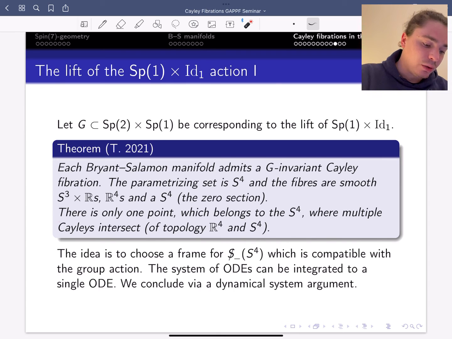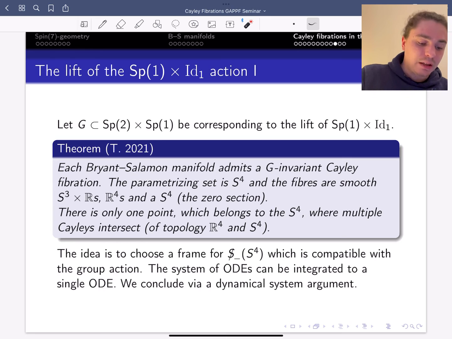Now, finally, there is only one point which belongs to the zero section where multiple Cayleys can intersect. And these are the Cayleys of topology R4 and S4.